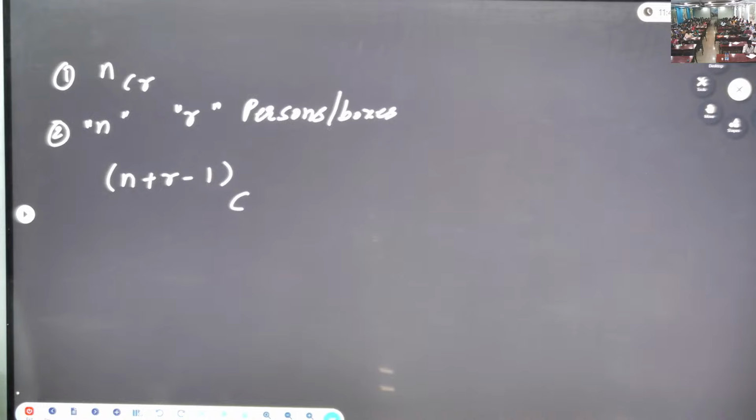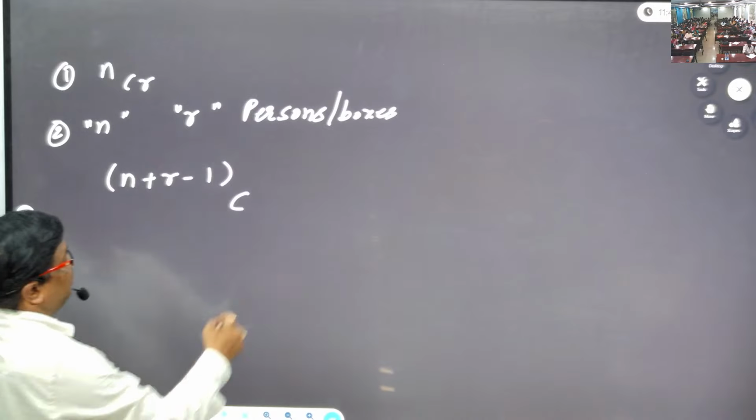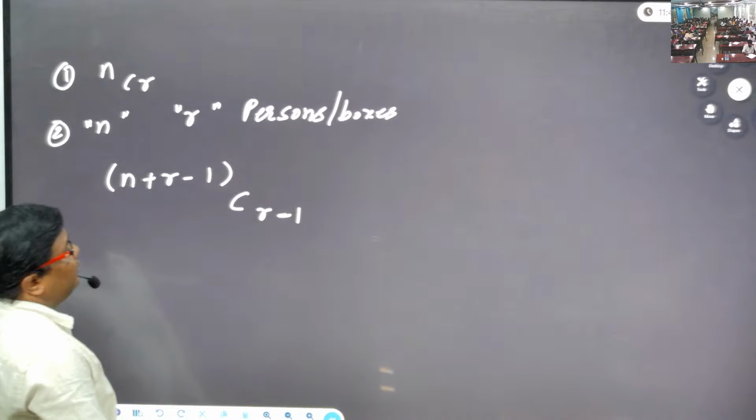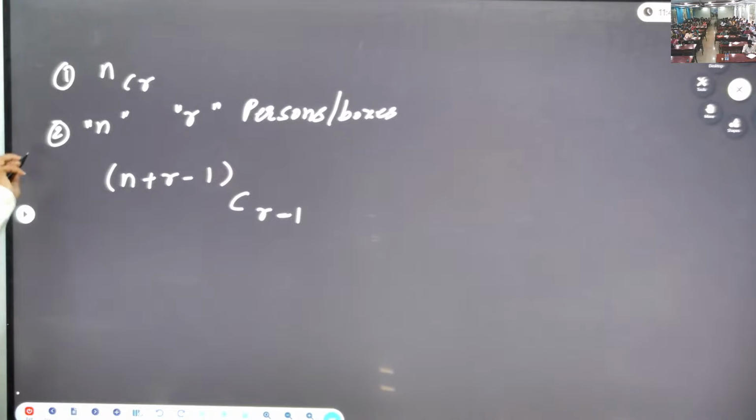So the first formula is nCr, and the second formula is (n plus r minus 1) C (r minus 1). Two formulas here.